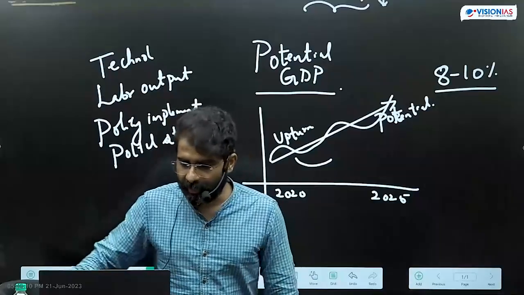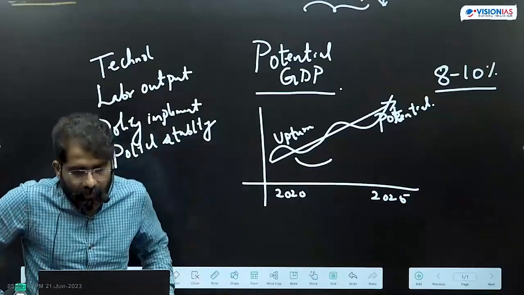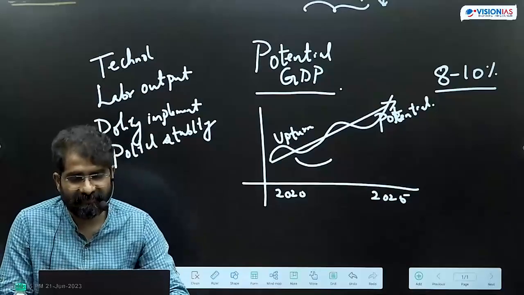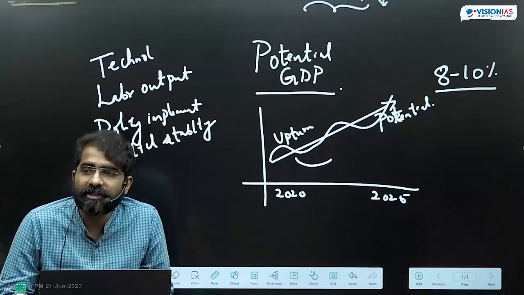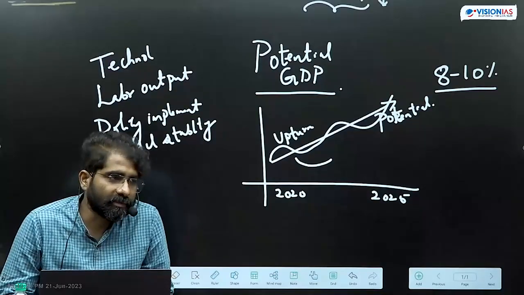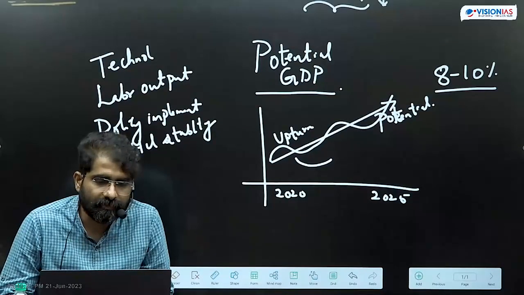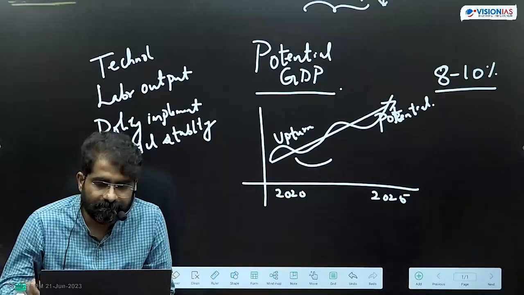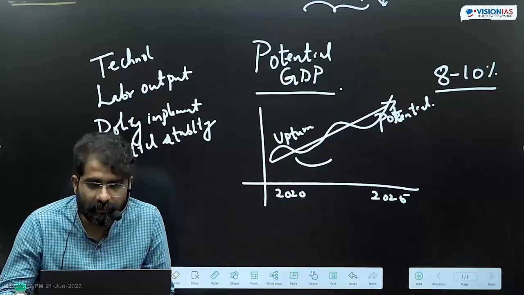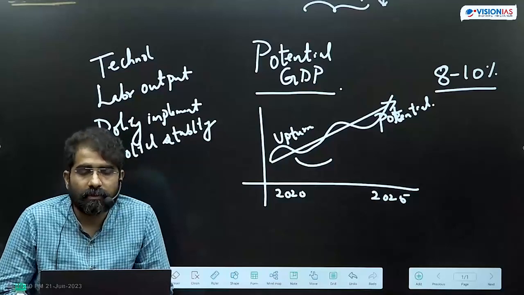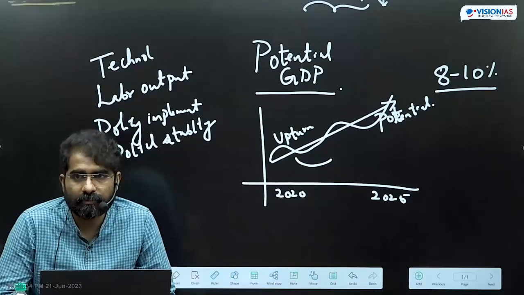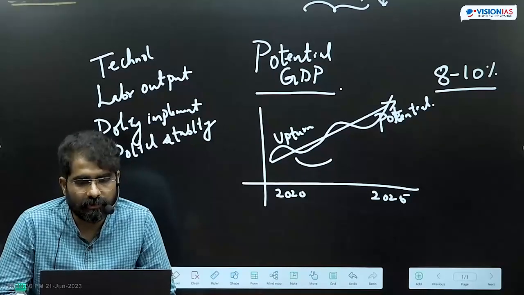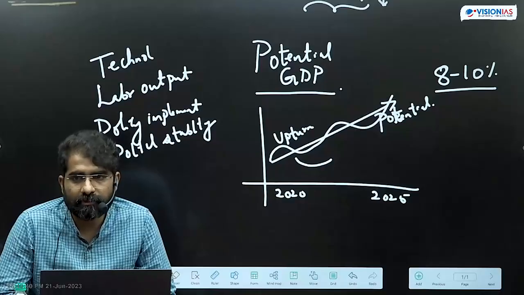Okay, then put the heading: potential GDP is determined by several key factors. First one, labor force. Basics class we discussed, no?